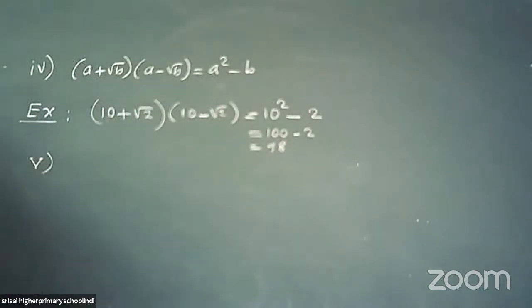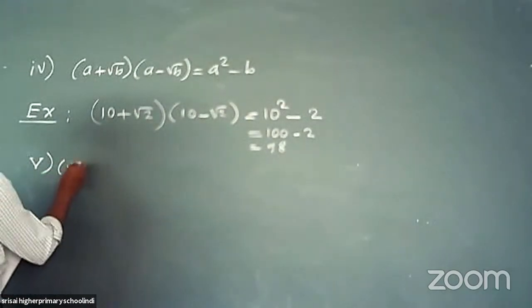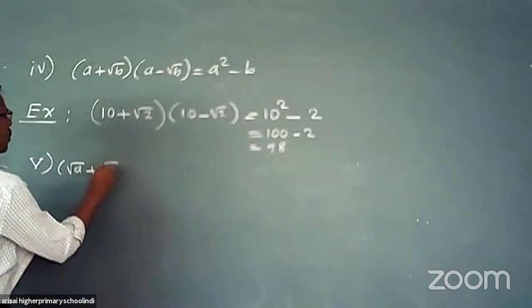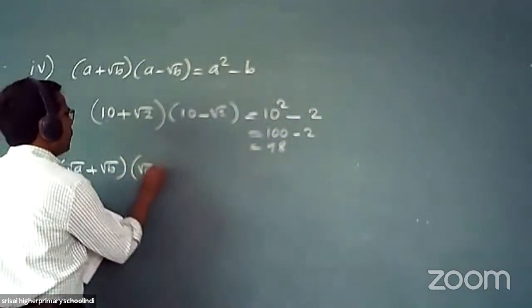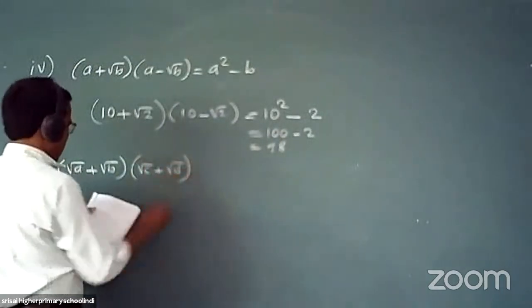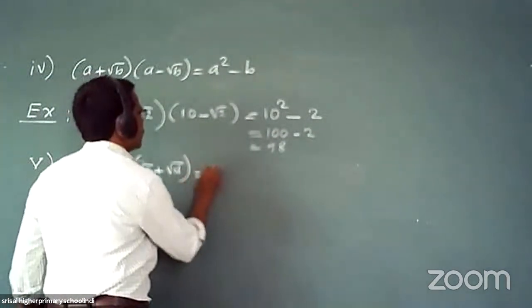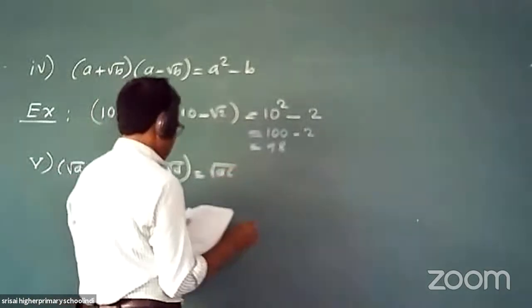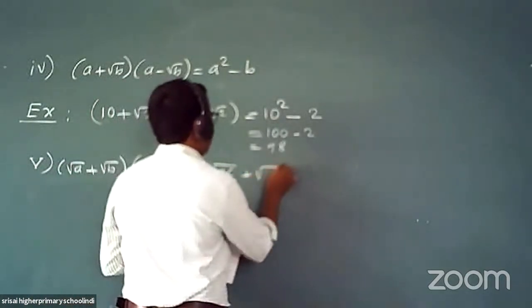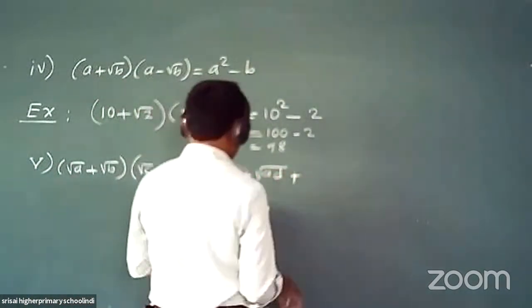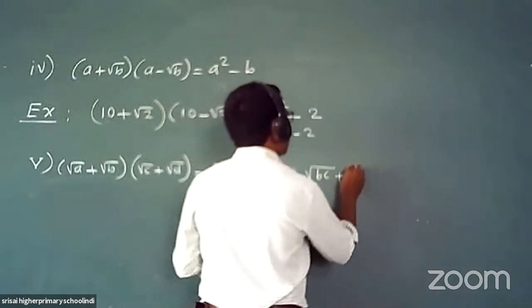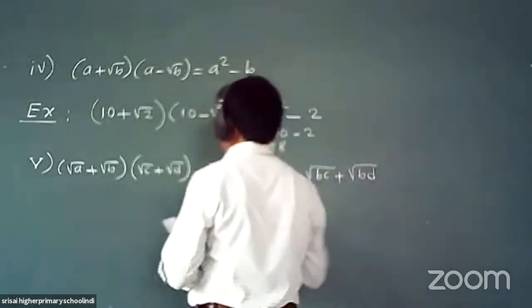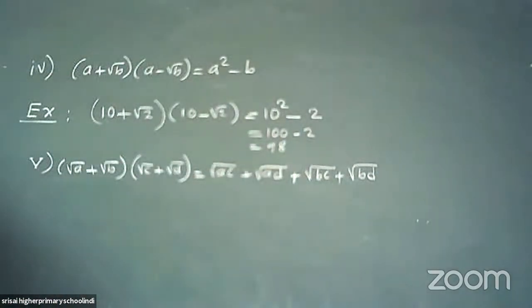Fifth identity. Fifth identity is square root of A plus square root of B, in another bracket, square root of C plus square root of D. This is equal to square root of AC plus square root of AD plus square root of BC plus square root of BD.